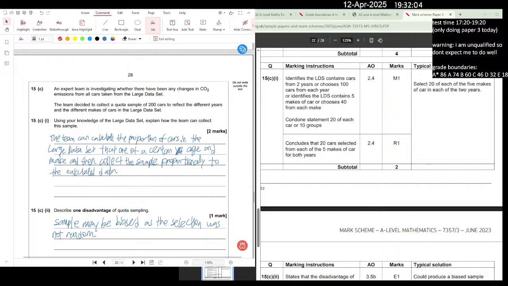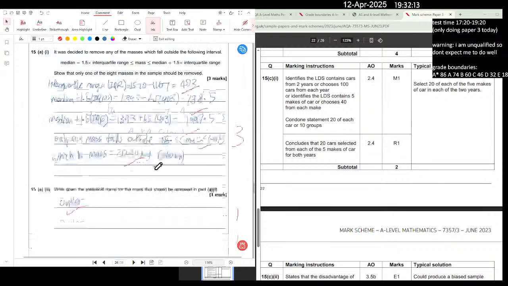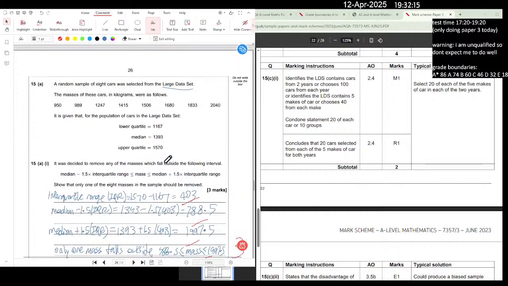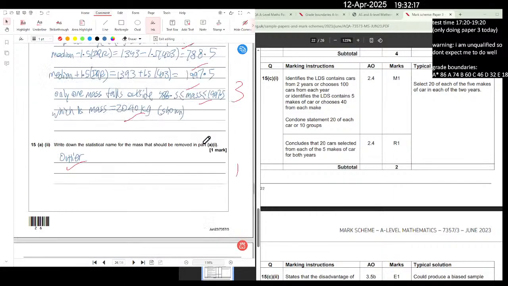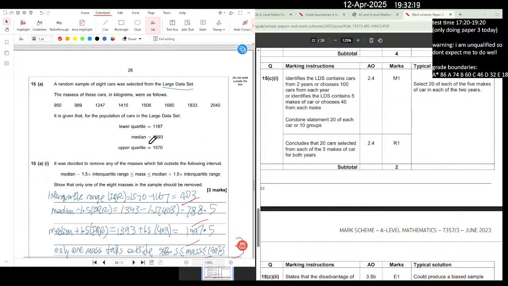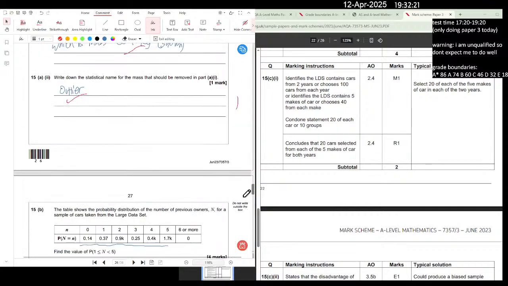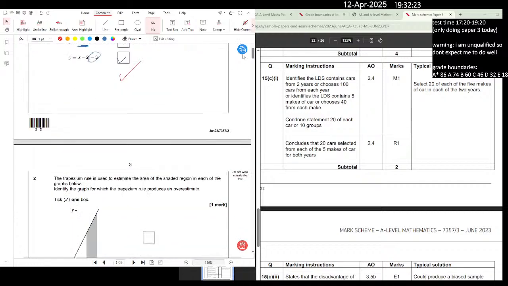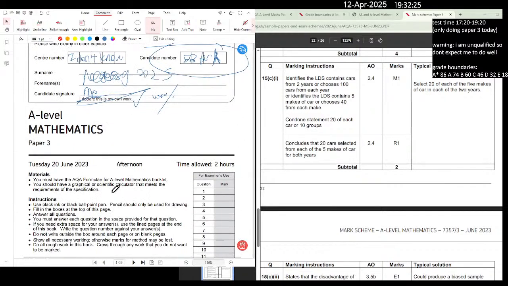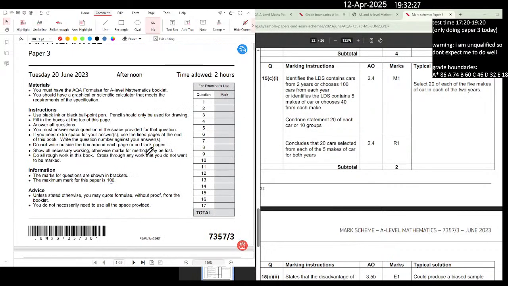Or identifies the LDS contains 5 makes of car or chooses 40 from each make. Condone statement 20 of each car or 10 groups. What? How do I know this? Is there an annex that tells you what the large data set is? Did I miss something?